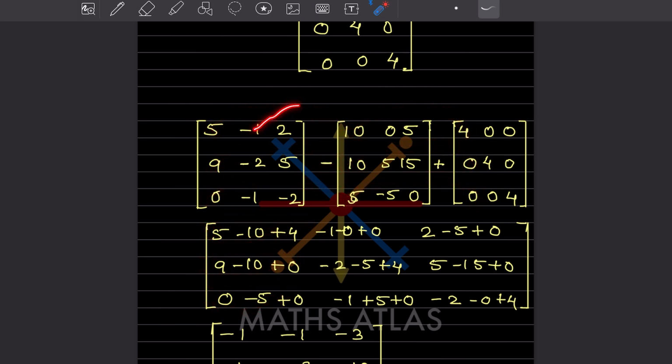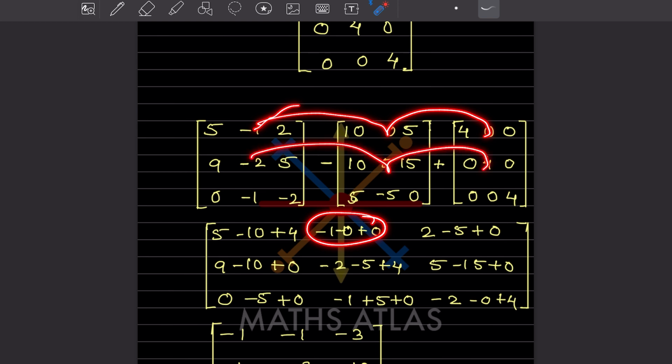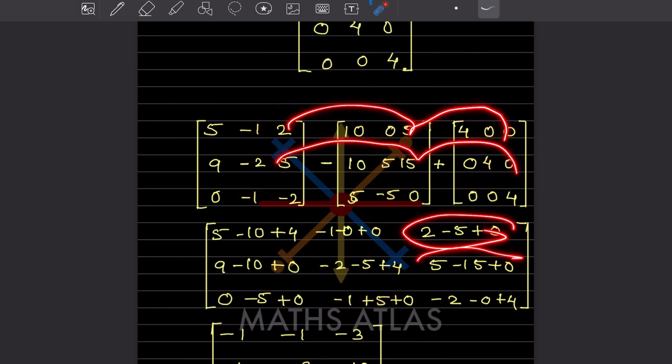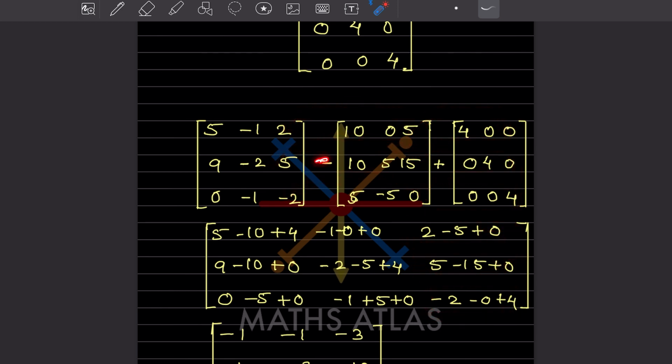Then what will you do here? This over here, this over here, this over here. Then this over here, this over here, and this over here. So you have to just subtract this and this.